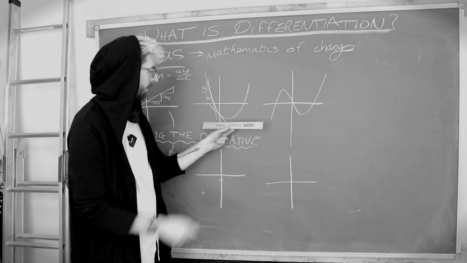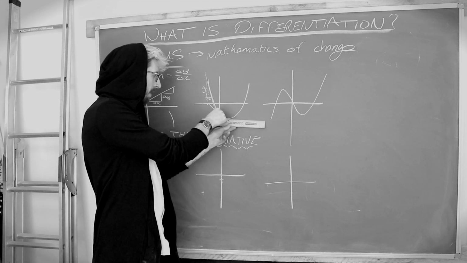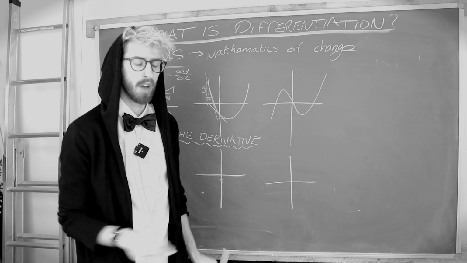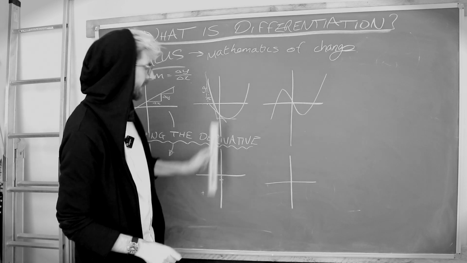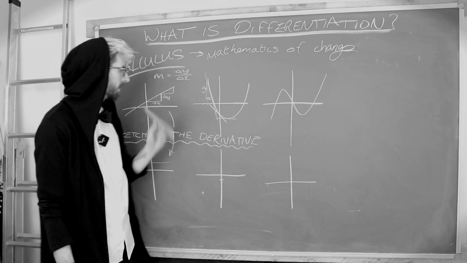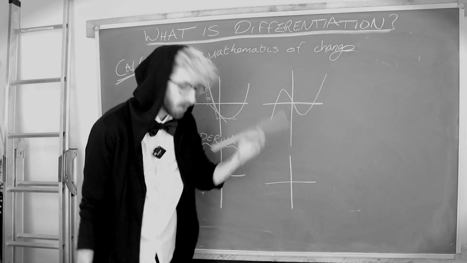Now let's have a look here. This one's an interesting point because if I do a tangent here, right at the bottom, at the vertex of the quadratic, that's a flat line. The gradient of a flat line is just 0 because it's not going up, it's not going down.